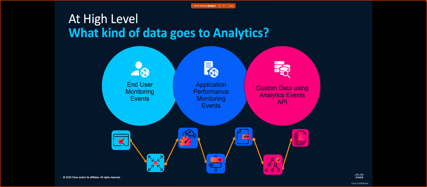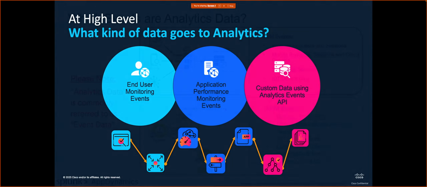Or if you are creating custom data, you can pump that back into the analytics events API and create a custom metric that you can utilize analytics to slice and dice information on as well. We'll get more into all this stuff.